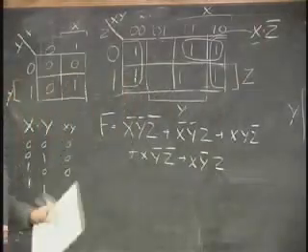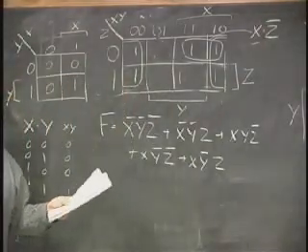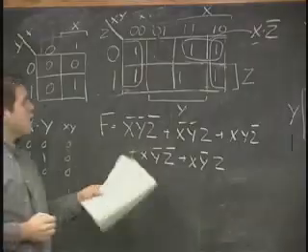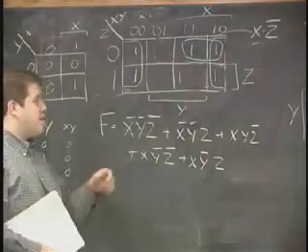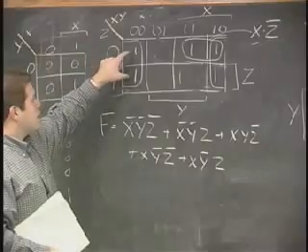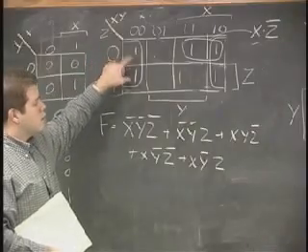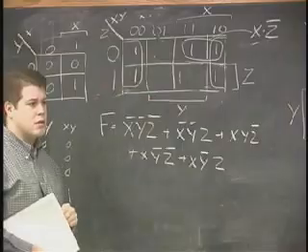Okay? Now, for our four tuple, let's think about what this is. Which way do we want to simplify it? It changes in z, but it also changes in x.